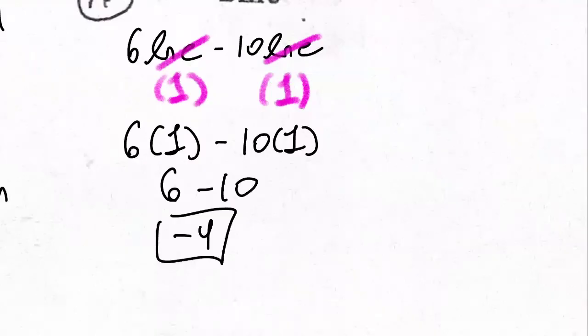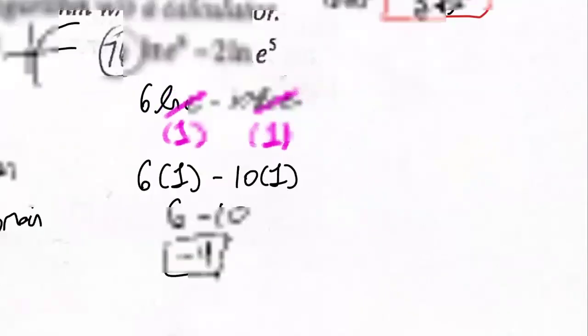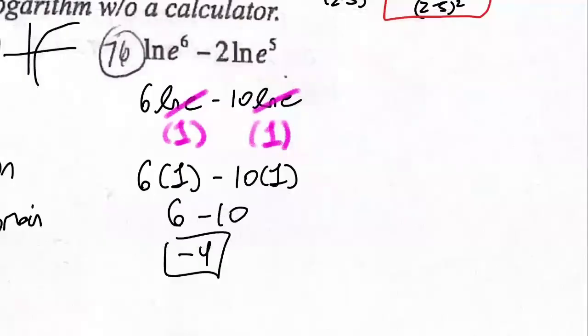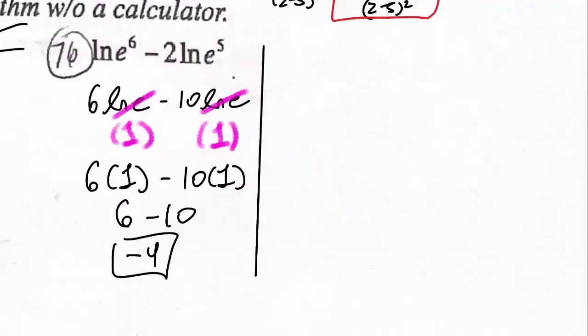So the answer is -4. What you could have also done, and actually condensed it, was ln of e to the 6 minus ln of e to the 10th.